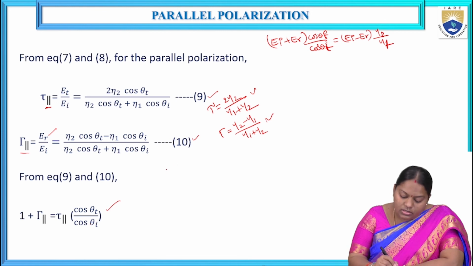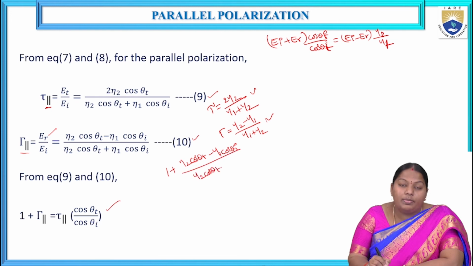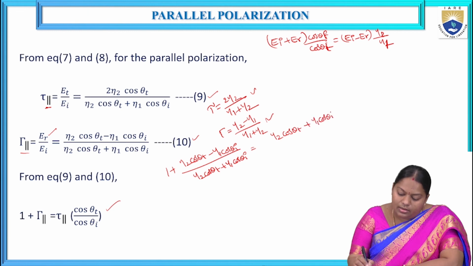To verify this, 1 plus gamma parallel means 1 plus (eta 2 cos theta t minus eta 1 cos theta i) by (eta 2 cos theta t plus eta 1 cos theta i).